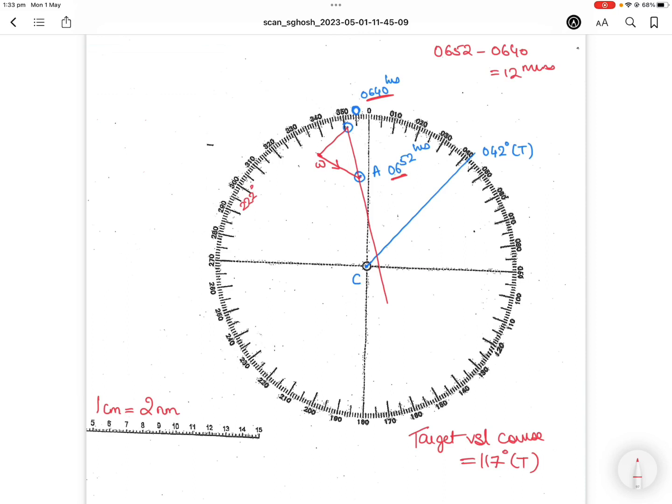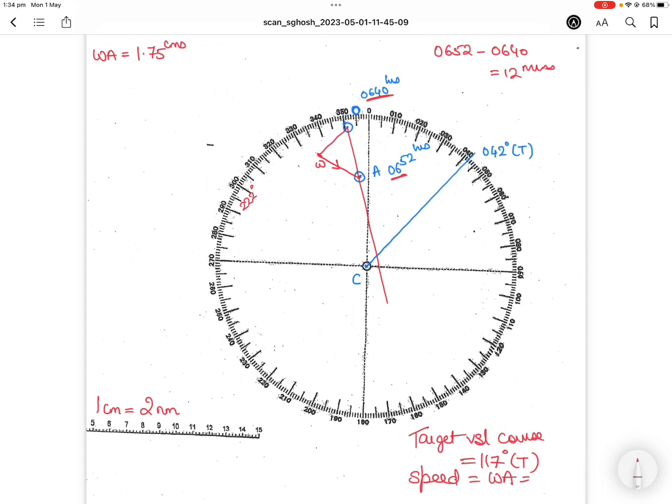All right, if you want to measure the speed of the target vessel, then you measure out WA in distance. If I measure out WA in distance, what I am getting is, sorry, not 1.25, but 1.75, somewhere around 1.75 centimeters.